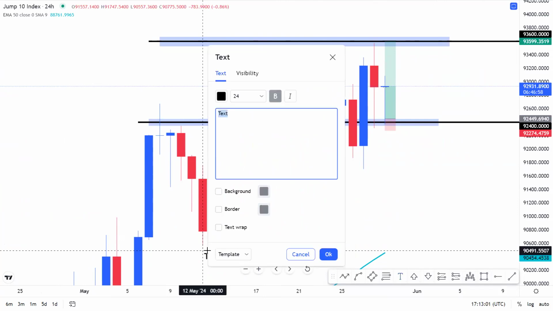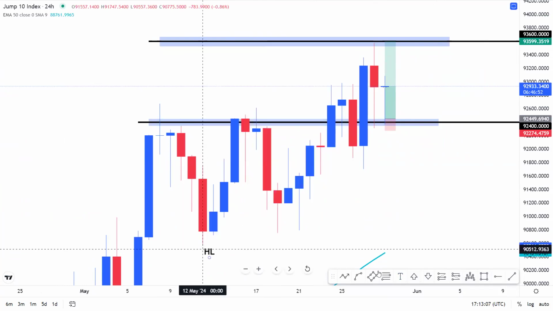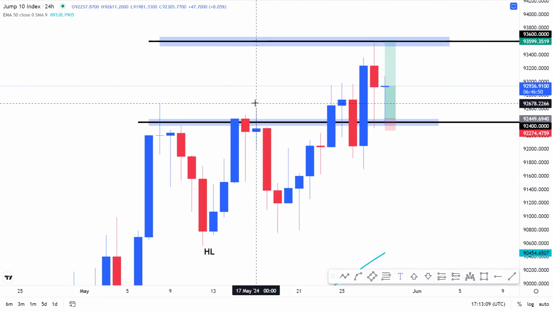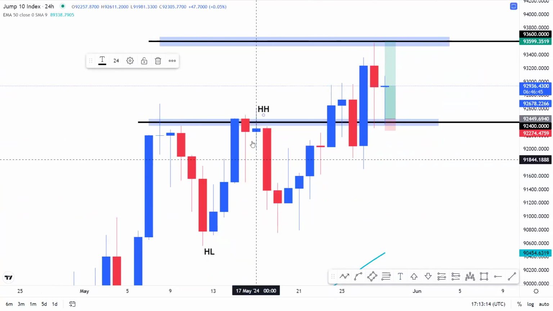but the market presenting us higher lows and the higher highs.